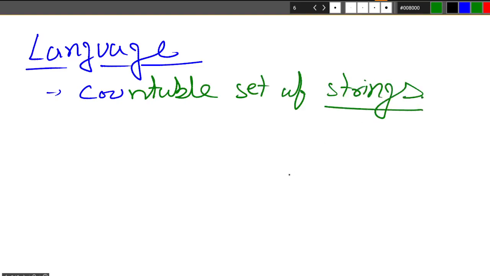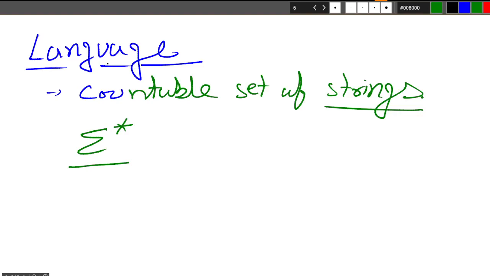These strings, as you know, are sequences of symbols, those symbols which are part of the alphabet. From the alphabet, you have seen that the Kleene closure can generate all the possible strings on the symbols, right?